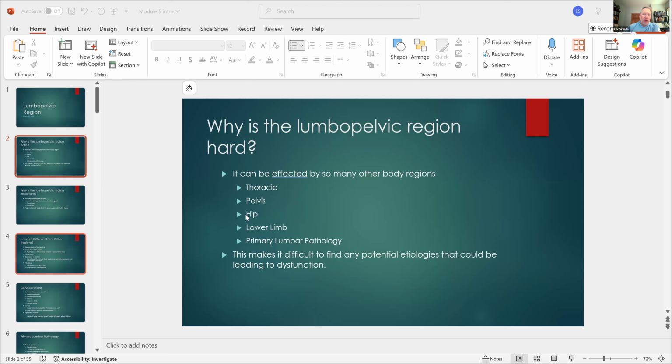Or if we have some hip issue that's creating an increase in tone, which is very common of, say, the psoas major, what is that going to do to not just the position of the sacrum itself, but the lumbar segments above that? So again, hips very commonly have problems.